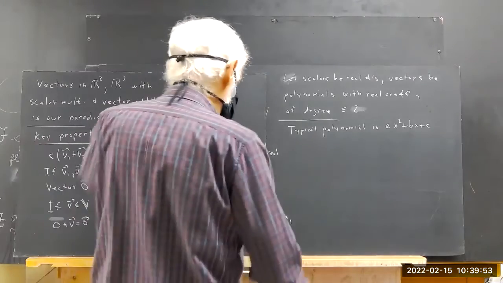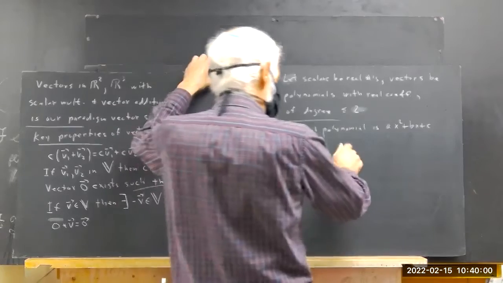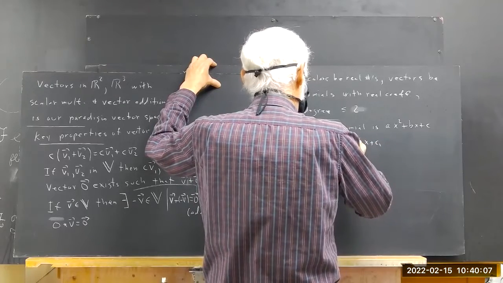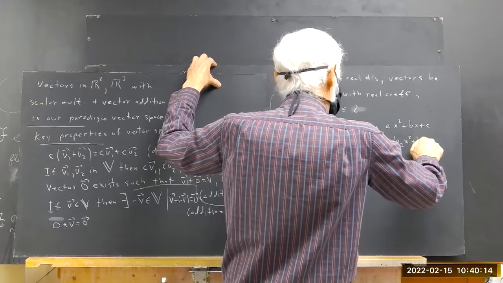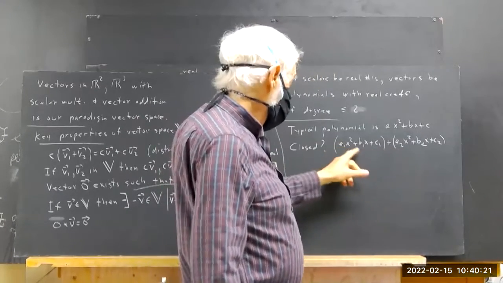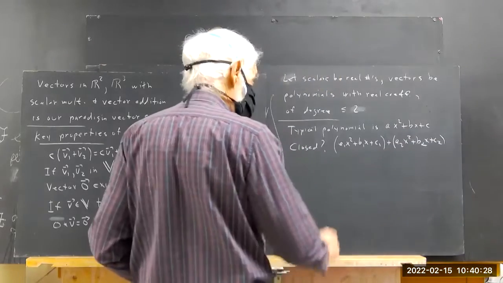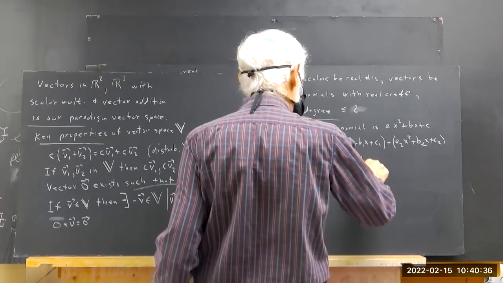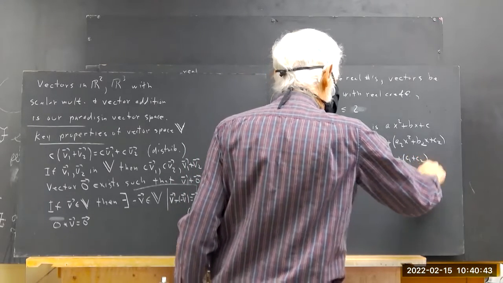Is this closed? Well, without getting real formal about it, consider that if you've got two polynomials with coefficients a1, b1, c1, and a2, b2, c2, and you add them, you get this, right?